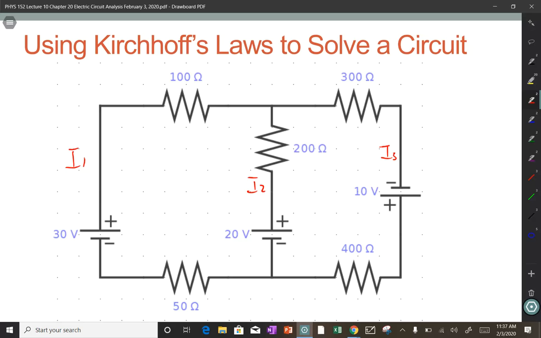Okay, so here's where you have to decide which version of it is. The sum of the currents, so we should start with node one, where the current is coming in.